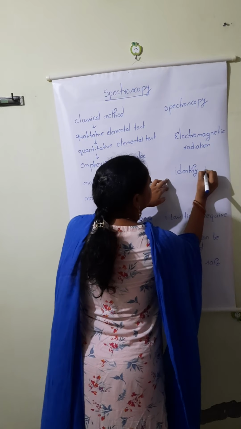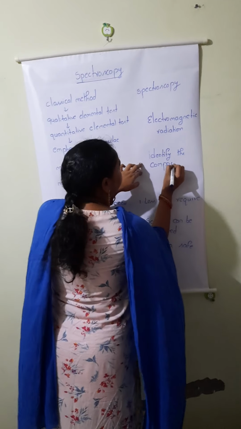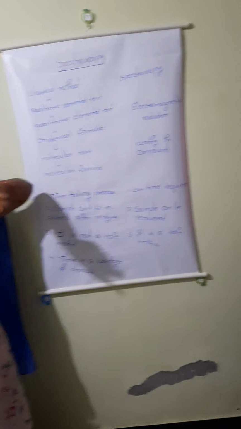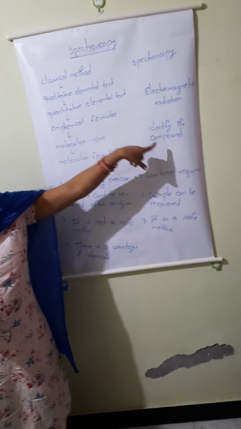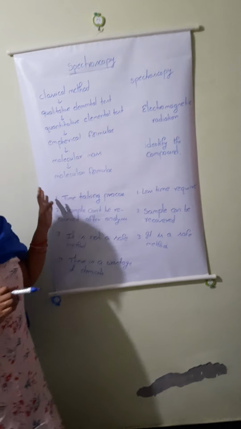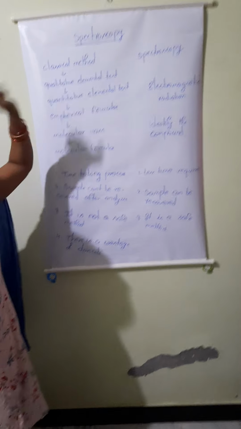We identify the compound by using electromagnetic radiation. Using electromagnetic radiation, we can identify the compound by the spectroscopic method. What are the advantages and disadvantages of this method?